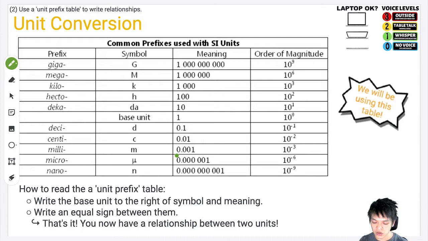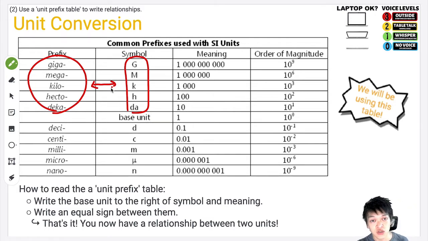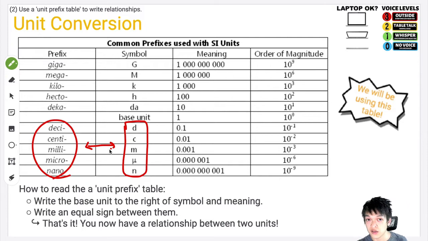Okay, so what I want you to do is, if you need to, pause the video, recognize these prefixes and their symbols. You need to know how to read each of these symbols. Capital G is giga, capital M is mega, lowercase k is kilo. Also recognize these ones right here. These ones make it smaller, but make sure you know that C is centi, lowercase m is milli.